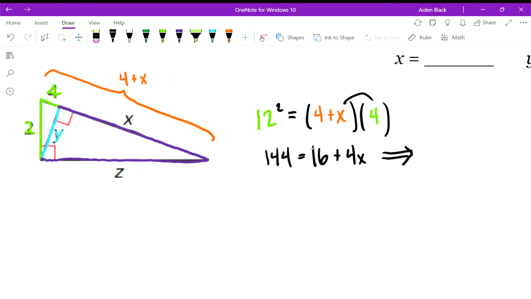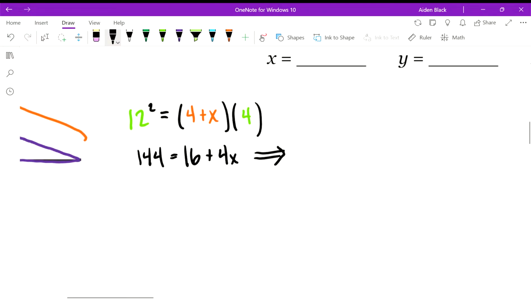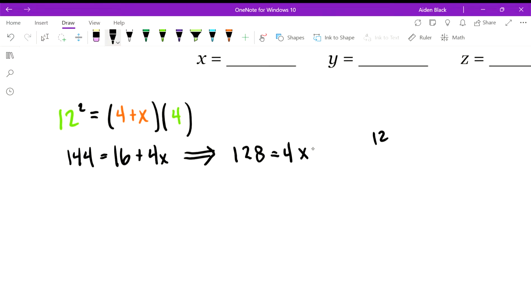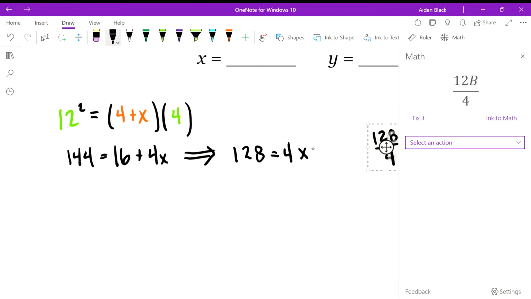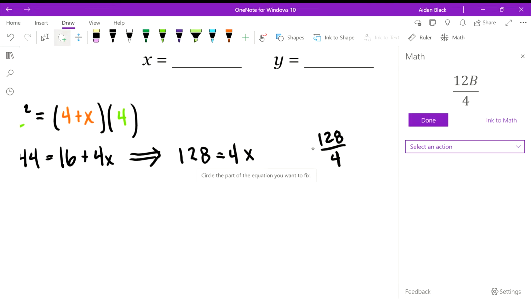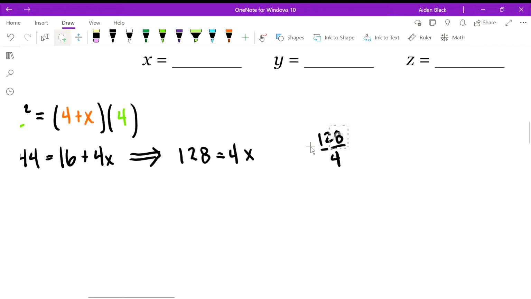From here, we can subtract 16 from both sides. So this should be 128 is equal to 4x. And if we divide both sides by 4, 128 divided by 4, I think it's, let's see, 32.